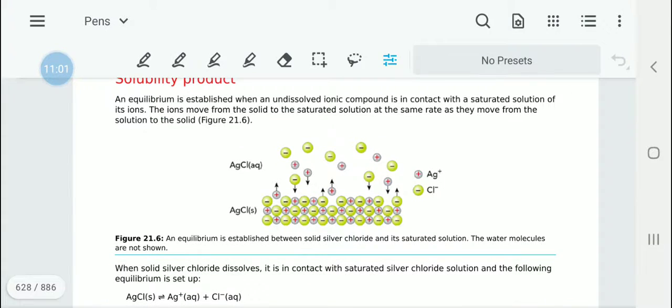Solubility product: when an ionic compound is in contact with a saturated solution of its ions, an equilibrium is developed where ions move from the solid to the solution and back from the solution to the solid at the same rate.